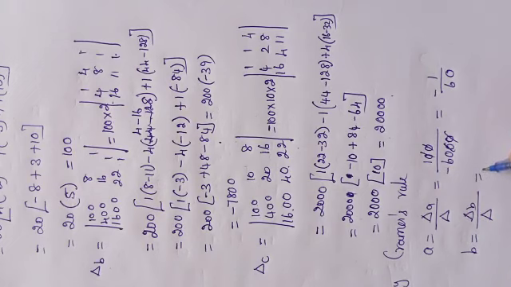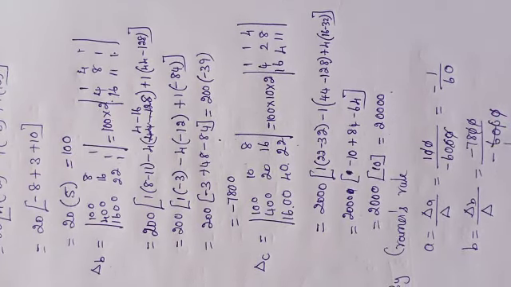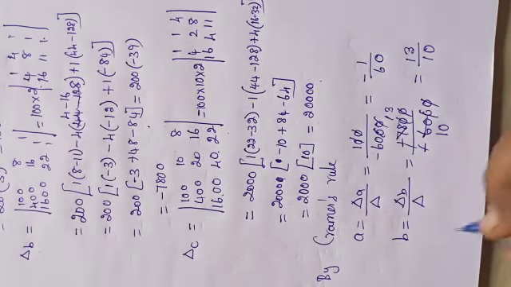Delta B we have got it minus 7800 divided by minus 6000. See here, two zeros will get cancelled. Again this is divisible by 6. So 10 and here 1 6 is 6. 3 6 are 18. Minus and minus will get cancelled. So we are getting 13 by 10.